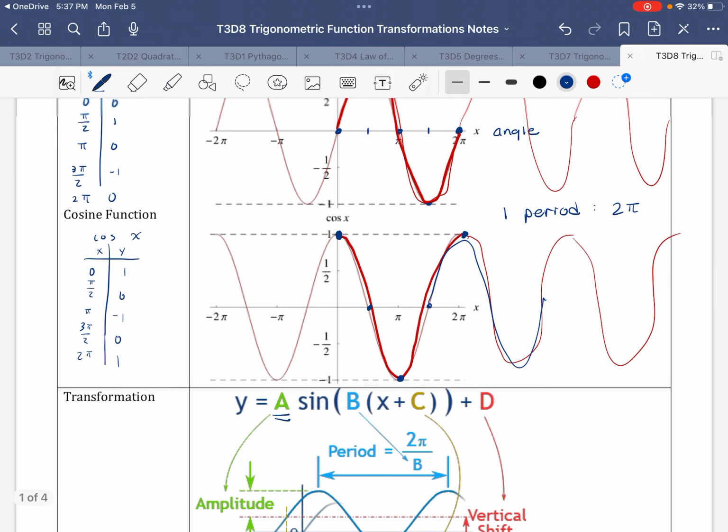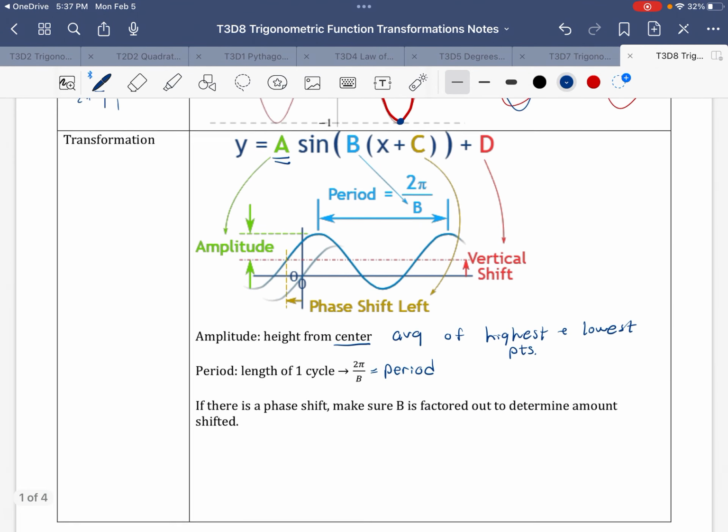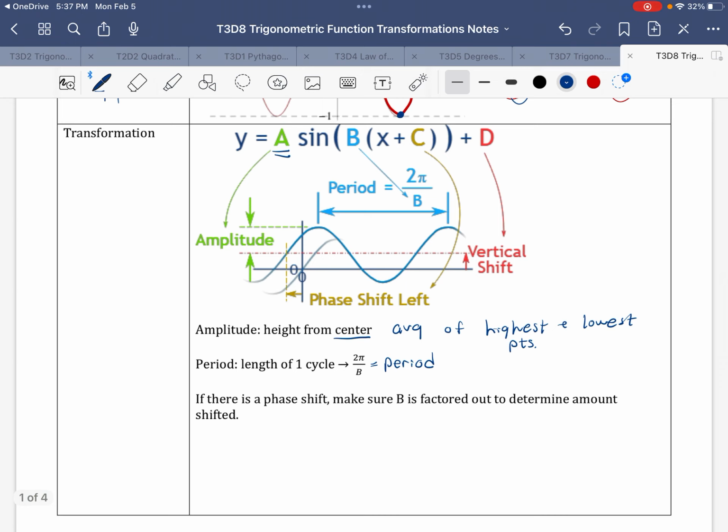So in our previous parent functions, we talked about the period being 2 pi, right? So if the period is 2 pi, then we can calculate the B value by setting it equal to 2 pi over B and then solving for B.